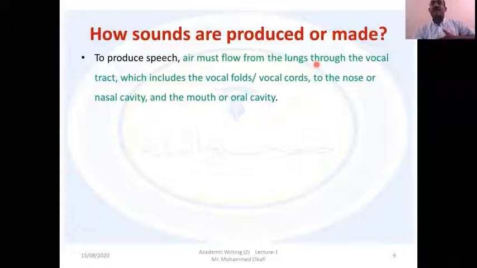Here from the lungs, the air will flow through the vocal tract, which includes the vocal folds or vocal cords, and then to the nose, or the nasal cavity, or even through our mouth, which is known also as the oral cavity.